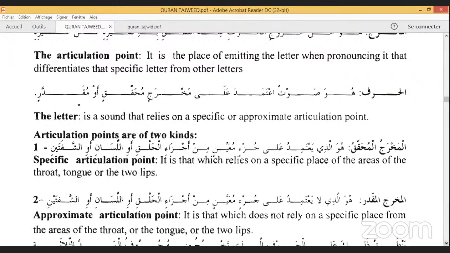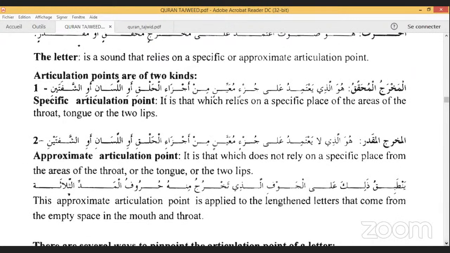We call it in Arabic المخرج محقق. Number 2, approximate articulation point. So we have specific and approximate. Approximate مقدر, specific محقق.